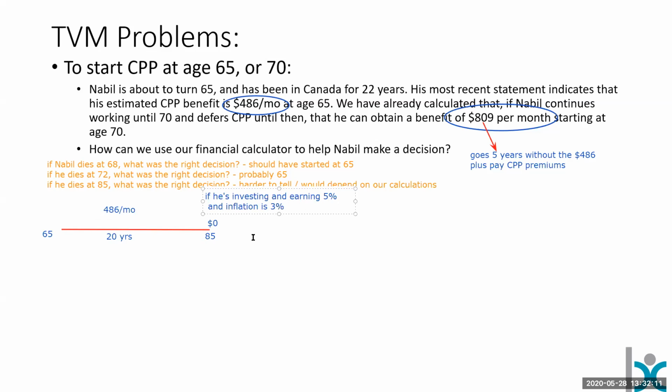Everybody's with me here? Actually, do inflation at 2%, sorry. So if he's investing and earning 5% and inflation is 2%, then I would say his discount rate is 3%. That's the rate, that's how much more $1 is worth today than it is a year from now.